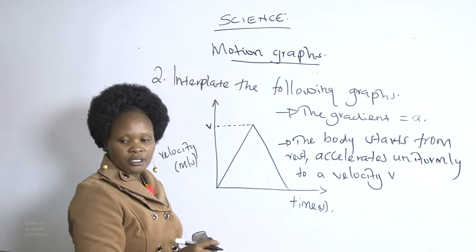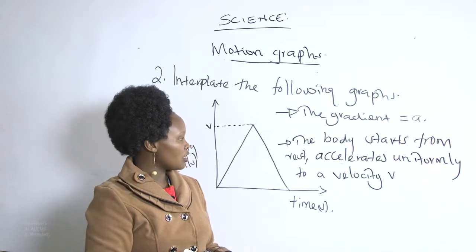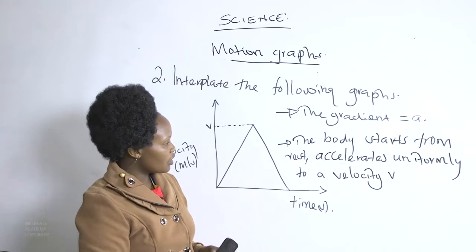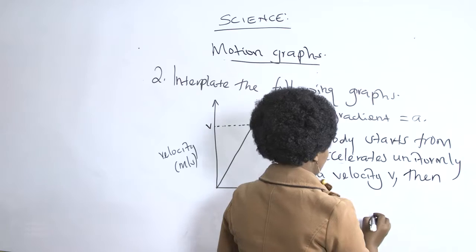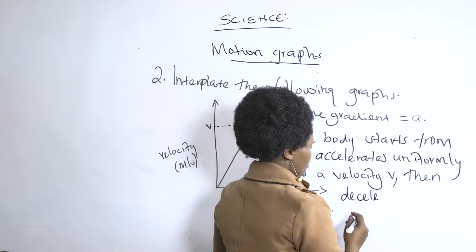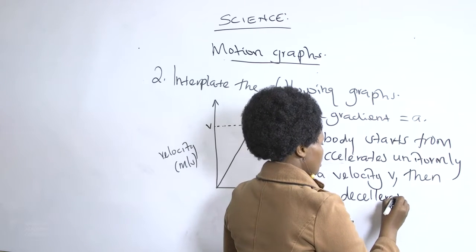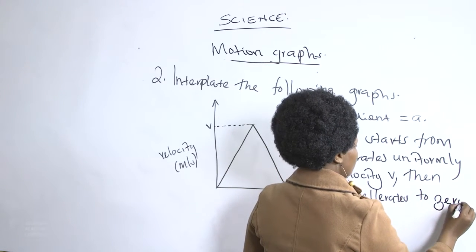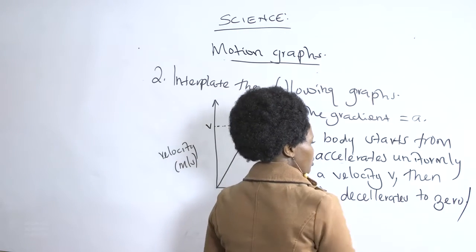We cannot commit ourselves to give it a figure because the graph does not give us a figure. Then it decelerates to 0 or to a stop.